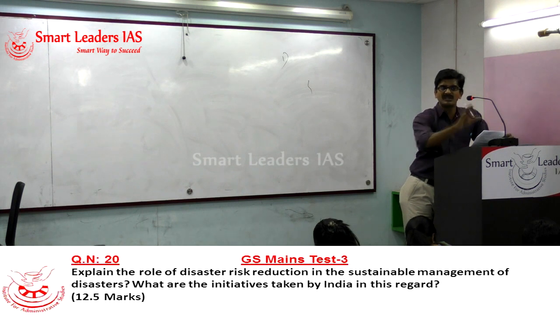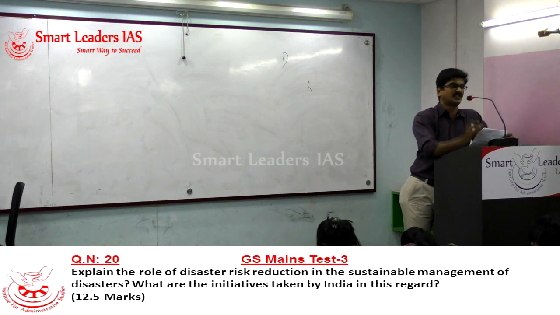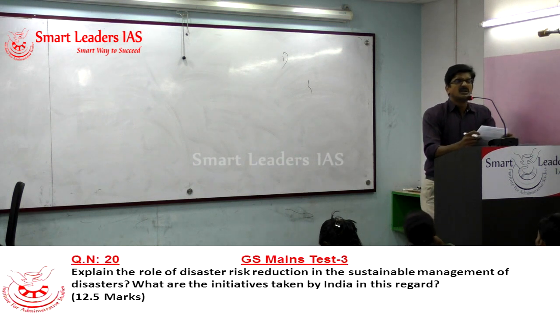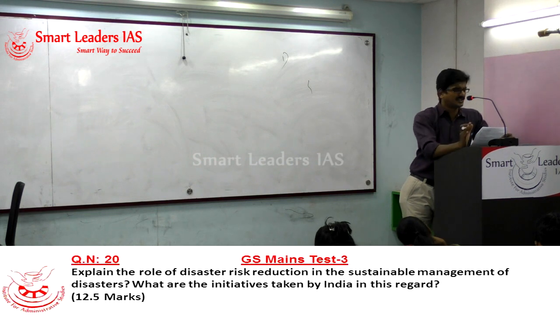We have to prevent the disasters. So when the damage caused by disasters is reduced through an ethics of prevention, it is called disaster risk reduction. That's the crux of DRR. Disasters most often follow natural hazards.